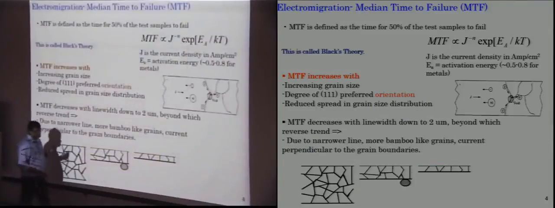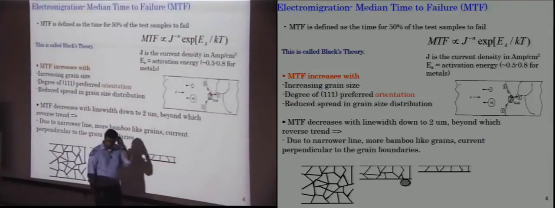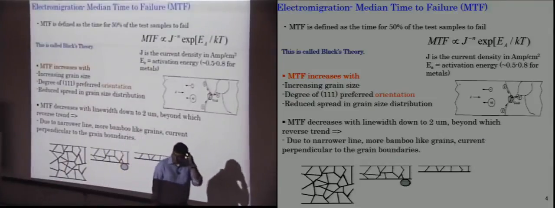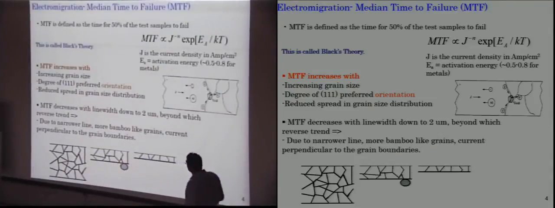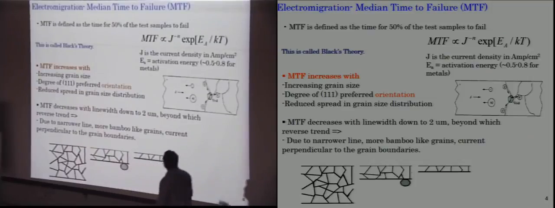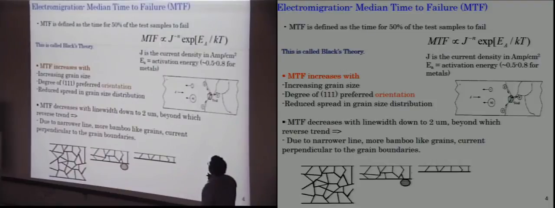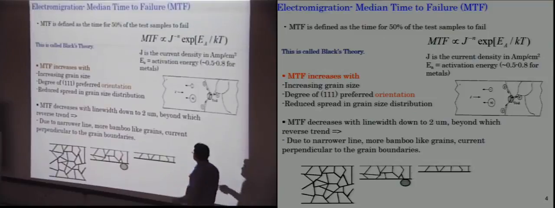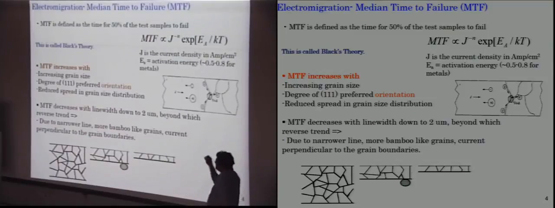So electromigration was a major problem for aluminum based metal lines, and the way you characterize electromigration is using this kind of equation. This you may have learned in your quality control course. So let's say you are comparing multiple metal lines of a particular dimension.